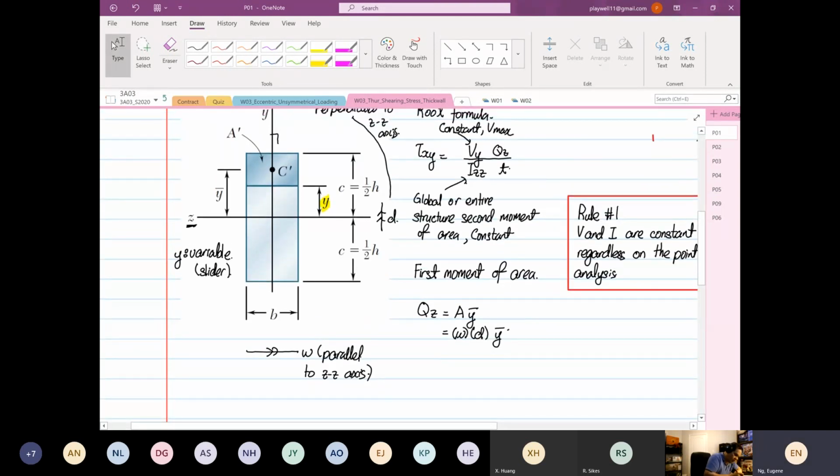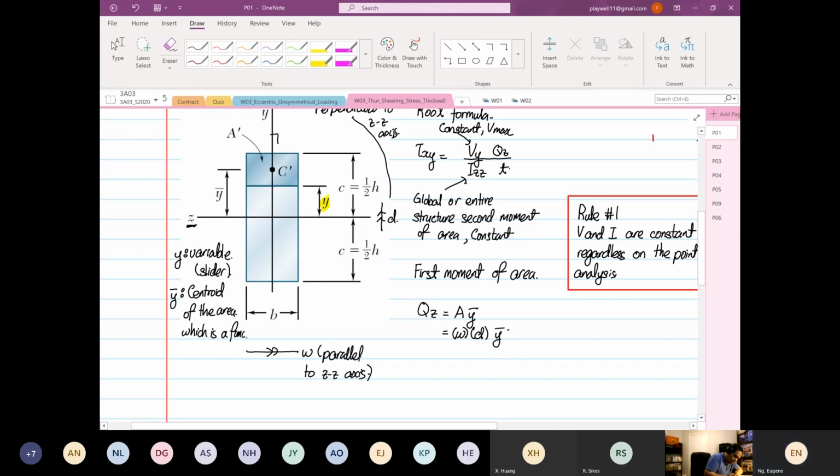And then we have our y bar. The y bar is the centroid of the area, which is a function of y.